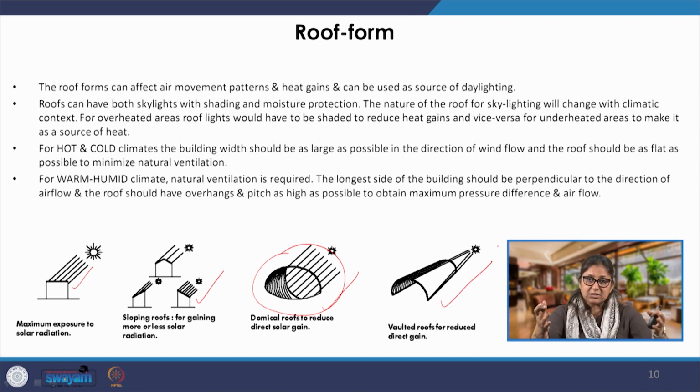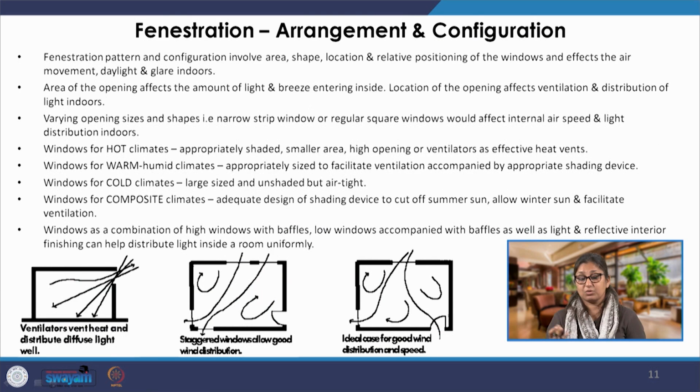Sometimes it is possible to create a dome, if not then we can have a vault, which is slightly less performing than the domical roof, but it still is better than the flat roof or sloping roof for a hot climate. So, depending upon the amount of radiation that is received and the amount of radiation that is required, we will select the types of roof, plus also the precipitation that is received, the amount of rain or snow.